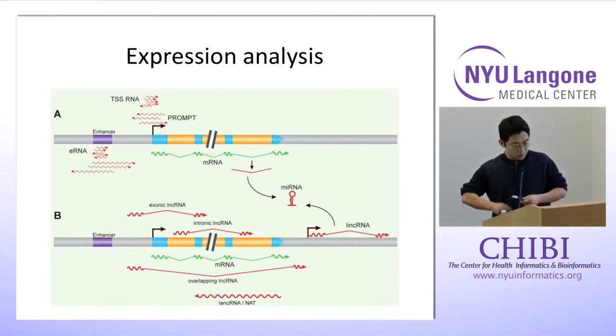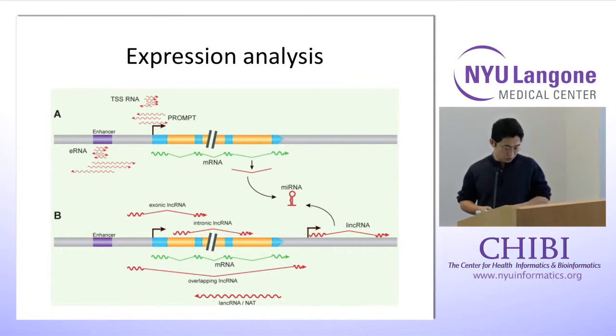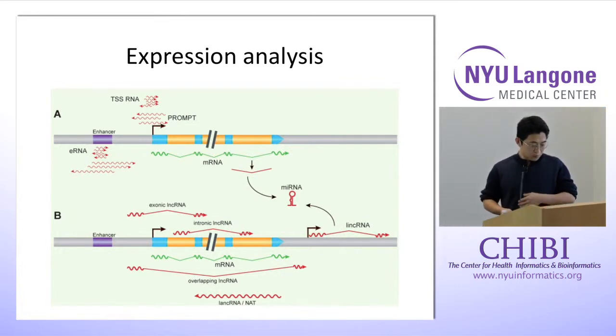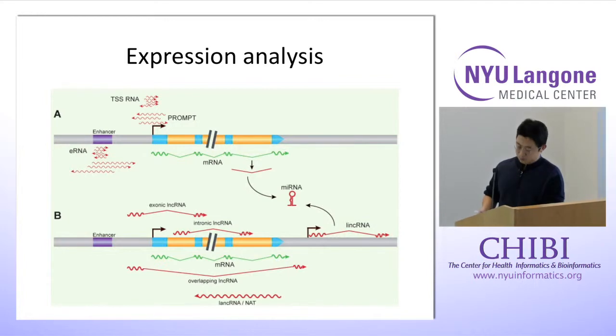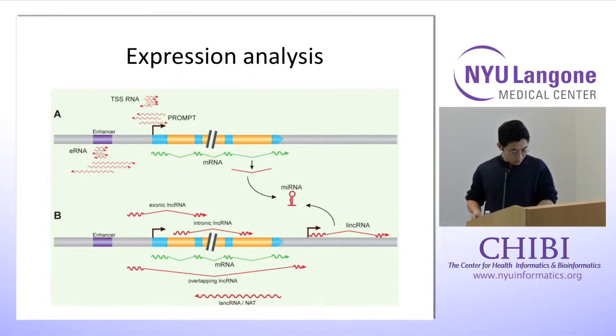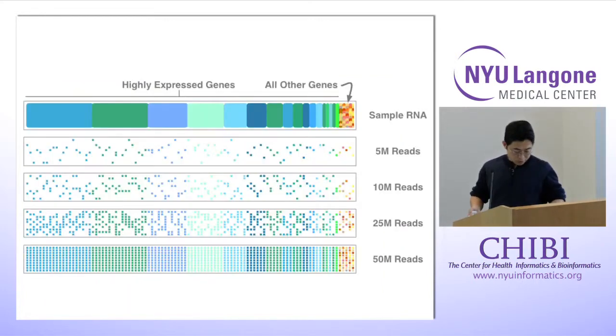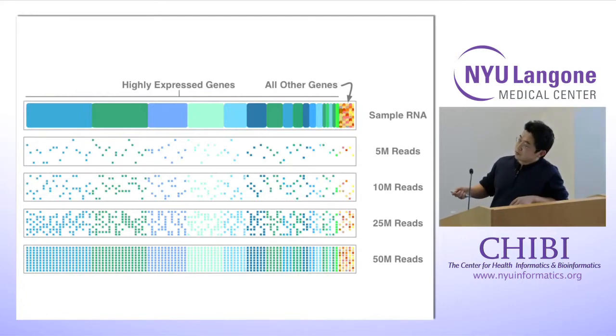So this complexity of the transcriptome, some of those things are expressed at very low levels. When you want to discover that, it definitely needs very high coverage. So this is a simple cartoon to show the composition of the transcriptome, from highly expressed genes to low transcribed units.